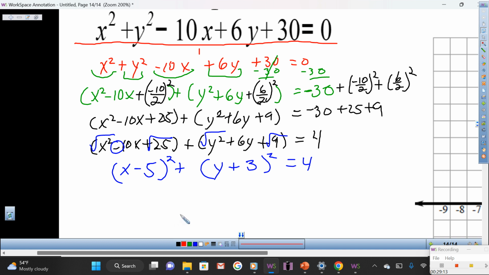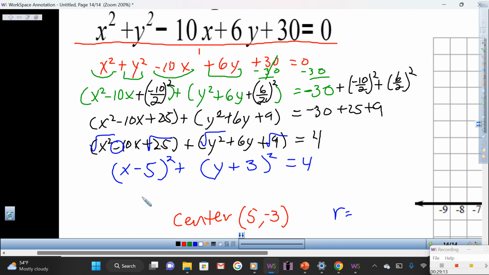We just need a center and a radius. By looking at this, does everybody see the values for h and k? What is h, everyone? H is 5. How about k? Negative 3.